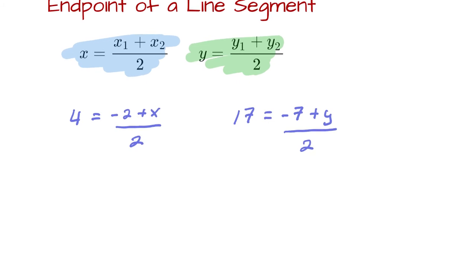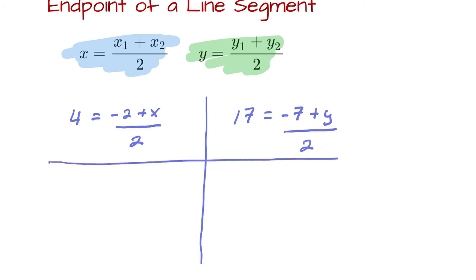A couple of different ways you can solve for x here. You can clear the fraction by multiplying both sides by 2, or you can cross multiply. Cross multiplication, I feel, is the most efficient way. So 2 times 4 is going to equal 1 times -2 plus x. Remember, there's a hidden 1 or an invisible 1 under every whole number.